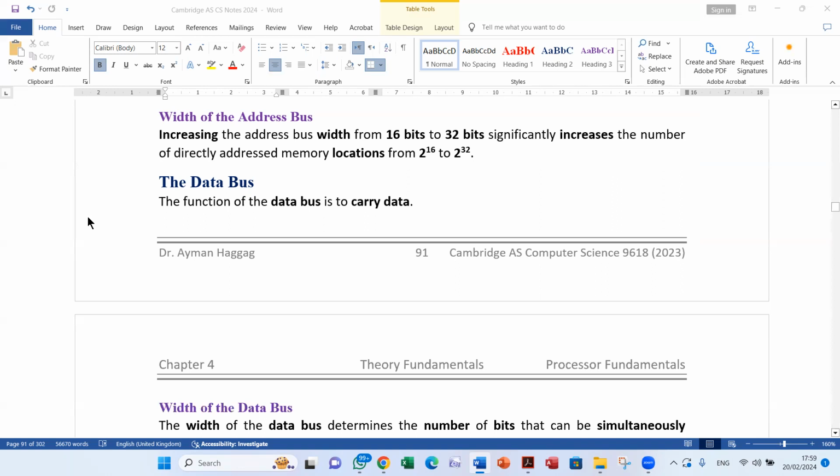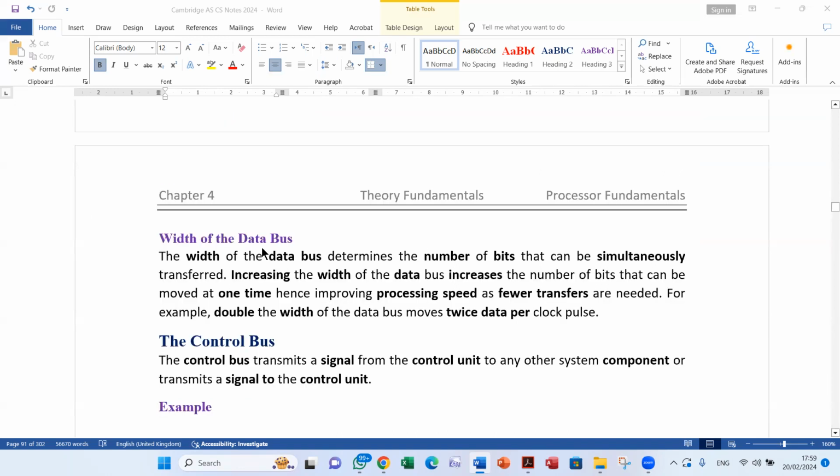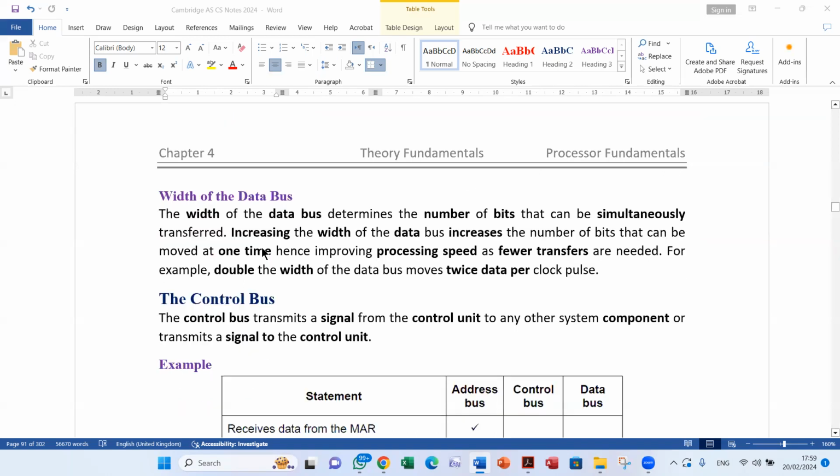The data bus, the function of the data bus is to carry data. Width of the data bus: if you double the width of the data bus, the number of bits transferred is doubled.